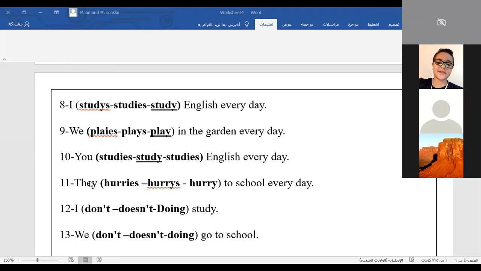They hurry, this one, right? Stay with me for a few seconds, please. Can we put S if the subject is they? No. Can we change Y into IES if the subject is they? No. Thank you, Iyad.